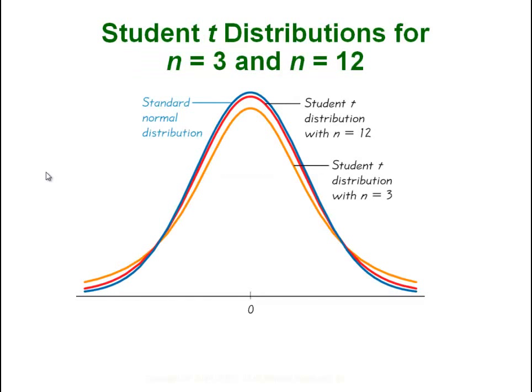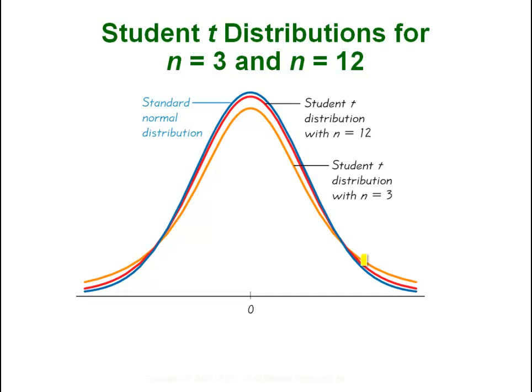So the orange one is the kind of distribution you get when you only sample 3 things at a time. Whereas the red one is what happens when you sample 12 things at a time. And then you can see that the blue one is the actual z-curve, standard normal distribution. So what's happening is, if you have a really small sample size, look at the tails.